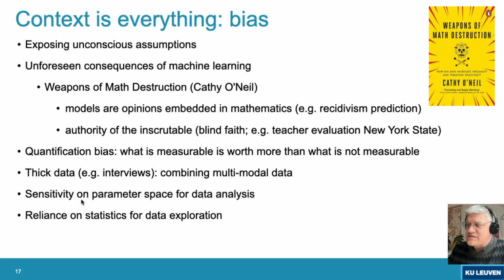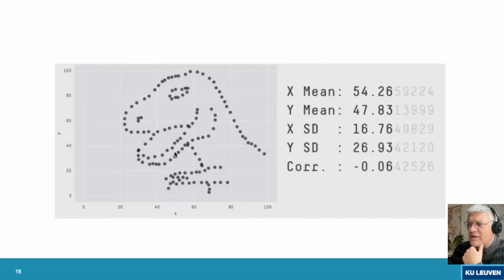One of the things that we also see is the sensitivity of parameter space for data analysis and so on. We'll come back to that later as well. But one example is reliance on statistics for data exploration. I don't know if you know Anscombe's quartet, but this is similar. This is Anscombe's dinosaur.